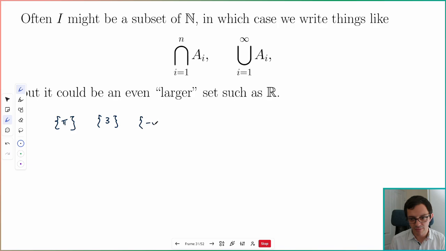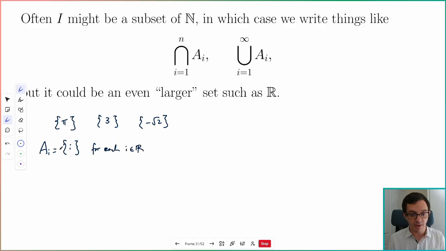So you can have quite a lot of sets of reals, and these are just the ones with one element, the confusing ones from before. There are other subsets of the reals, but just these ones, I could index them by saying Ai is the set just containing i for each i in the reals.